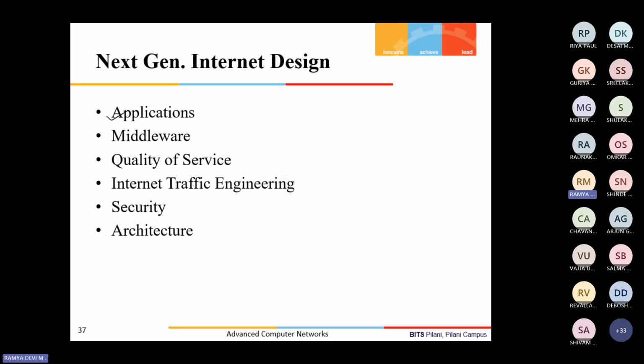It should shift from the traditional centralized system to agile, dynamic, distributed architectures, right? And it should support middleware systems. Middleware sits between the applications and the users. The internet architecture should support middleware and also quality of service.